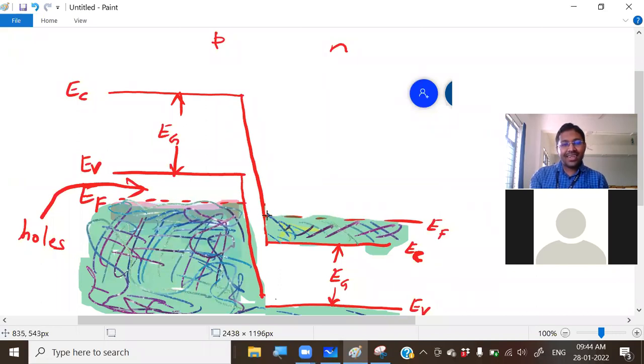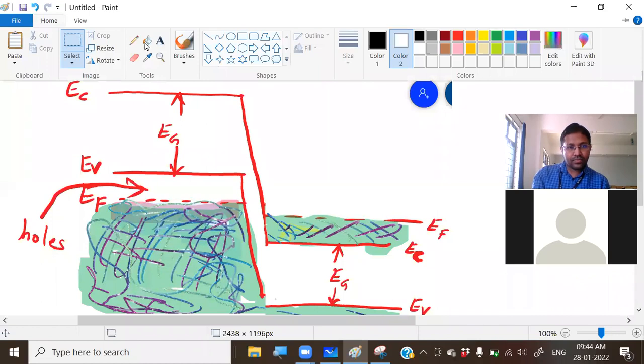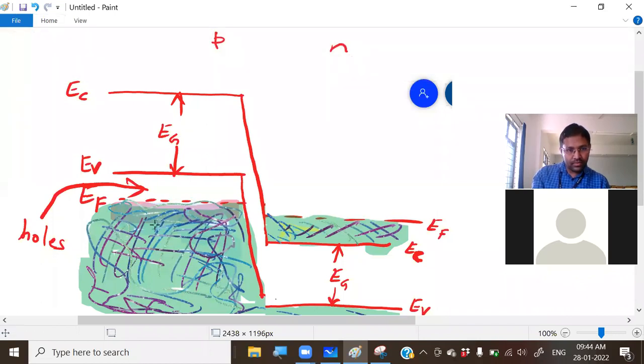As a result, now see the portion above the line that I have drawn. I have drawn a line matching the Fermi level on the N side, aligned on the P side such that the line matches the Fermi level on the N side.